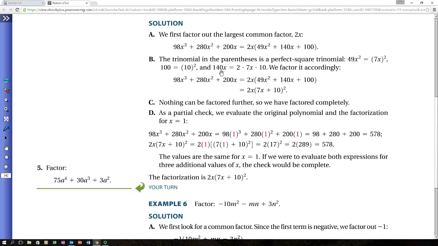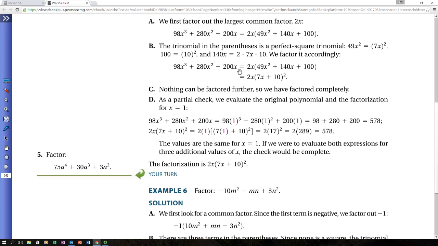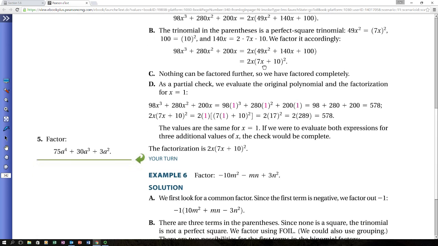If I double that, yeah, I get 140. So it fits the conditions for a perfect square trinomial, excuse me. So we end up with 2x times the quantity 7x plus 10, the quantity squared. Then I look, well, can I factor 7x plus 10 any further? And the answer is no.